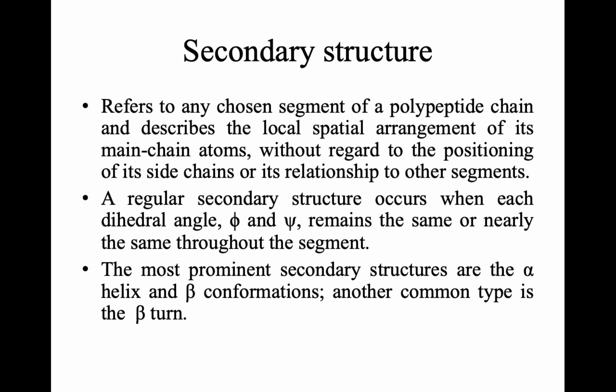These bonds can undergo rotation in the peptide bond, and due to the rotation of these two angles, the secondary structure forms. Each regular secondary structure has its characteristic phi and psi angles, which remain the same throughout the segment. The prominent secondary structures include the alpha helix, the beta conformation, and one more type called the beta turn.